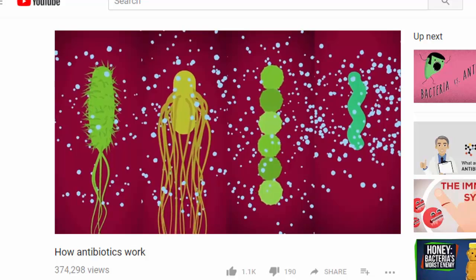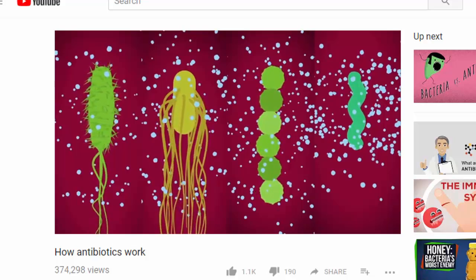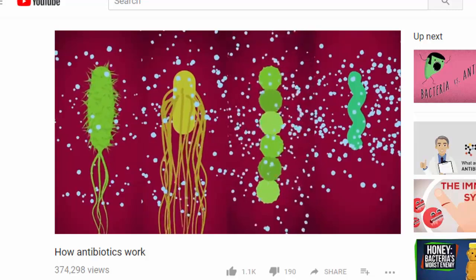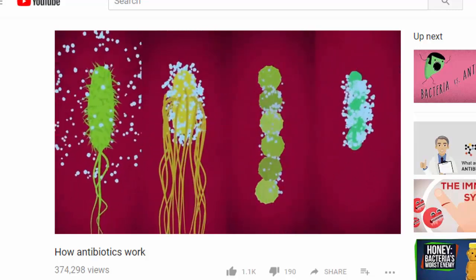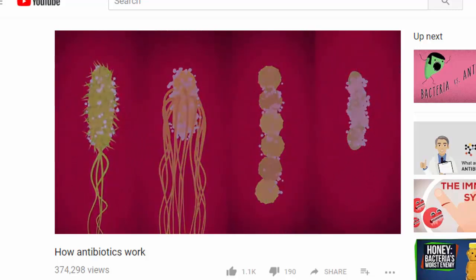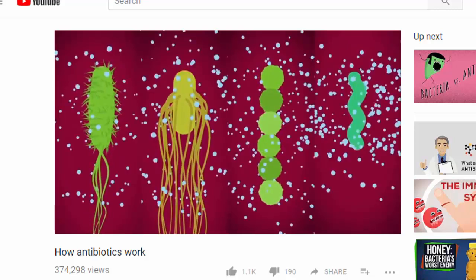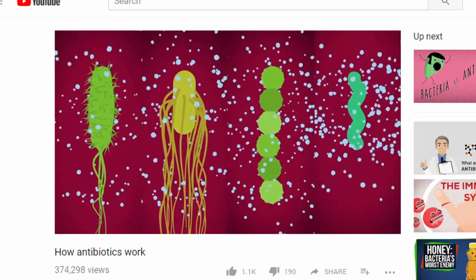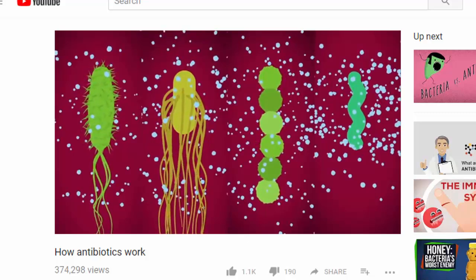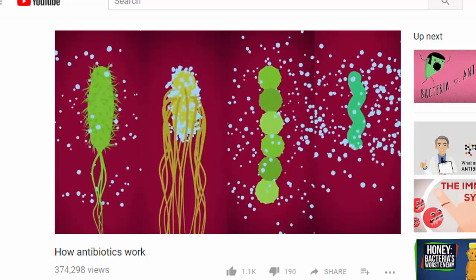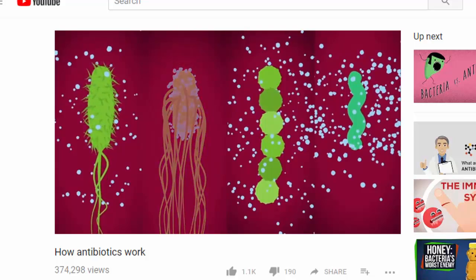Antibiotics can be so-called broad spectrum, affecting many different bacteria in your body, including useful bacteria in your gut. Some antibiotics are more narrow spectrum, only affecting one or two types of bacteria. It is better to use narrow spectrum antibiotics where possible. Most antibiotics have no effect on your immune system.